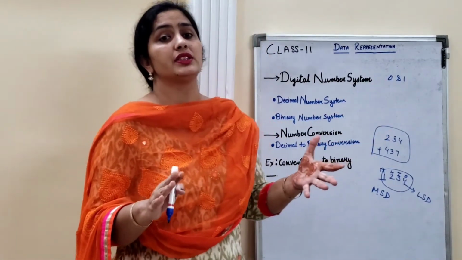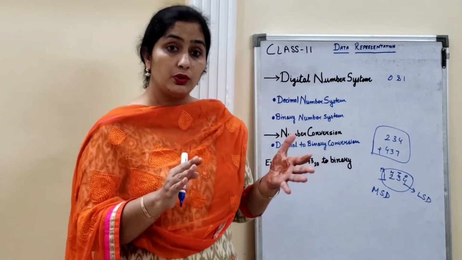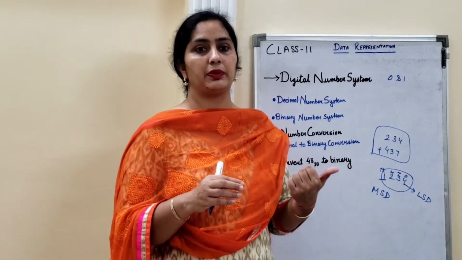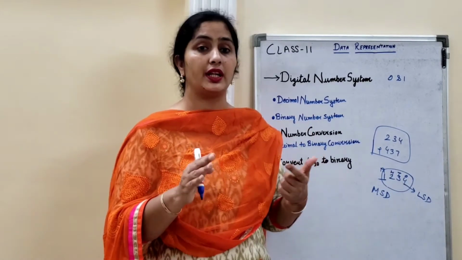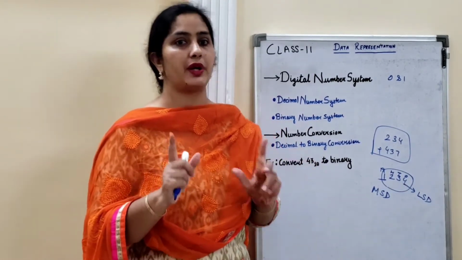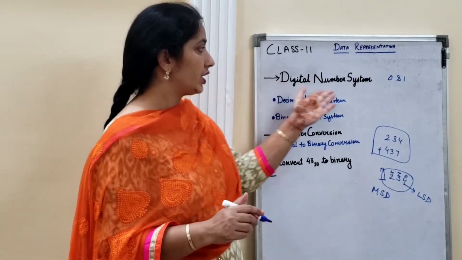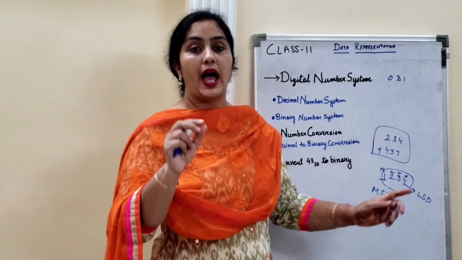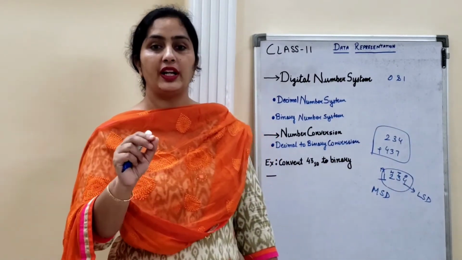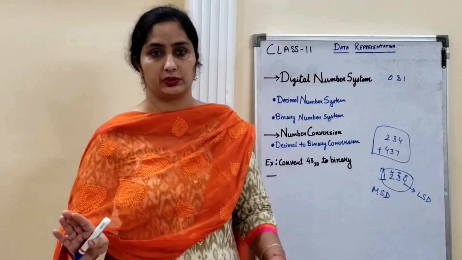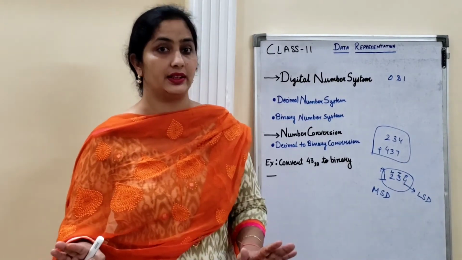You may find this chapter new. This is a new concept, obviously, though I have explained it in my previous videos. But this is a very interesting topic, so listen to me very carefully so you are able to understand each and everything. In the digital number system, where you have only two numbers, 0 and 1, remember students, whenever the computer gets 0 as a bit, that means no. You are not going to get any result.